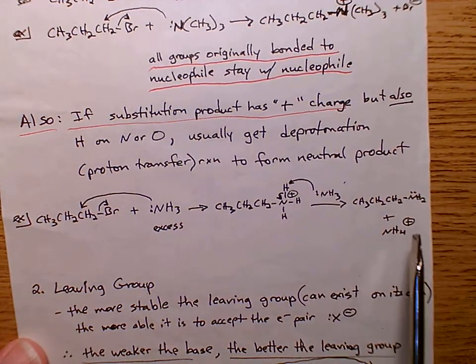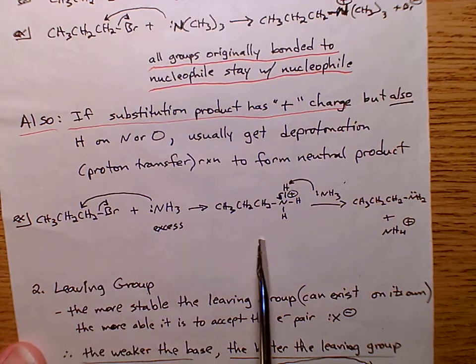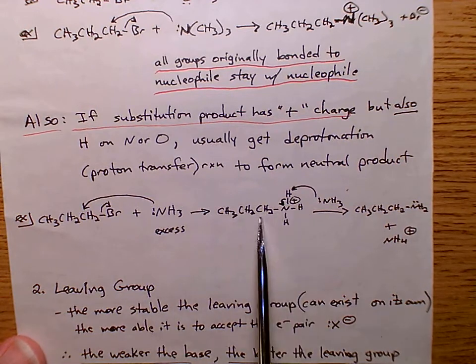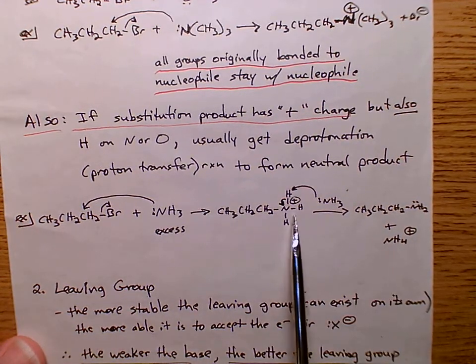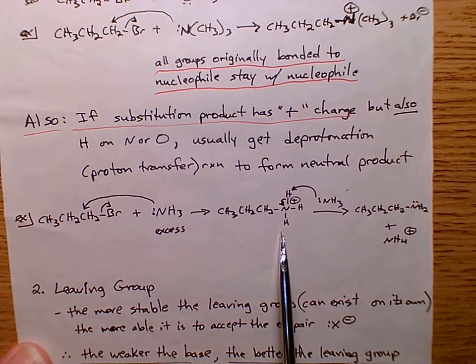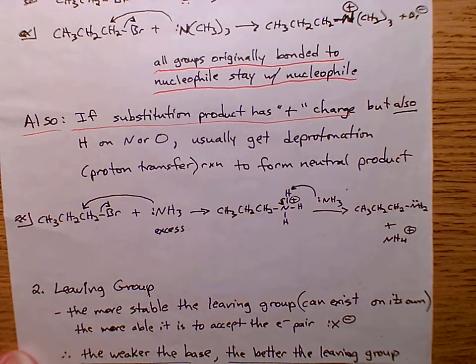This hydrogen's now on the nitrogen, NH4+. So this deprotonation reaction will always occur whenever your product of substitution has a nitrogen or oxygen with positive charge, and also that nitrogen or oxygen has hydrogens on it.